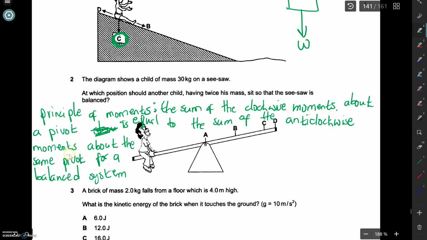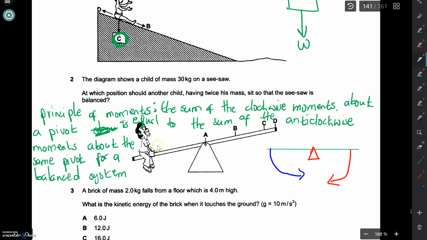Right? So for the seesaw to be balanced, the sum of the clockwise moments should be equal to the sum of the anti-clockwise moments about a certain pivot. So if this seesaw is to be level like this, and if this is the pivot, the sum of the clockwise moments about this pivot here should be equal to the sum of the anti-clockwise moments about the same pivot.